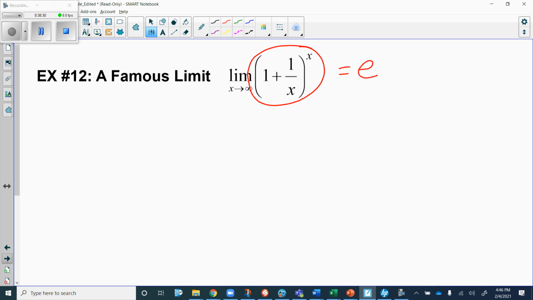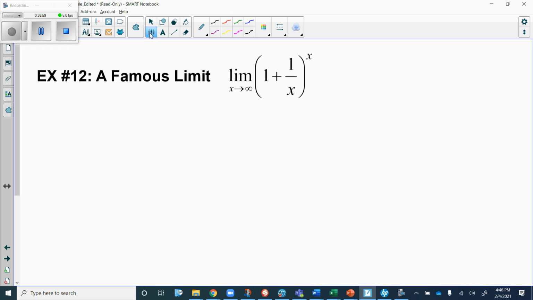Sometimes you see it with n's instead of x's, but either way, we wind up with the same value of E. So ideally, because this is a very popular expression in mathematics, we know in advance the limit is going to be E before we even get there.